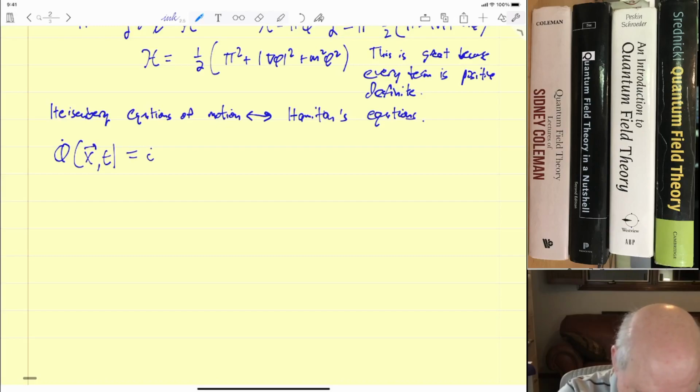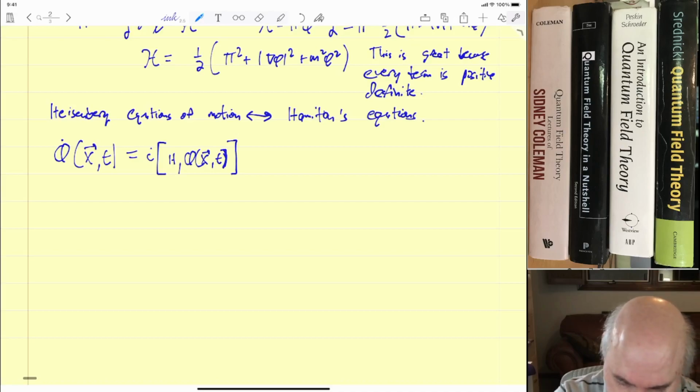This is the Heisenberg equation of motion for any operator that doesn't have explicit time dependence. It's the commutator of the Hamiltonian with the variable. So here you just plug in.